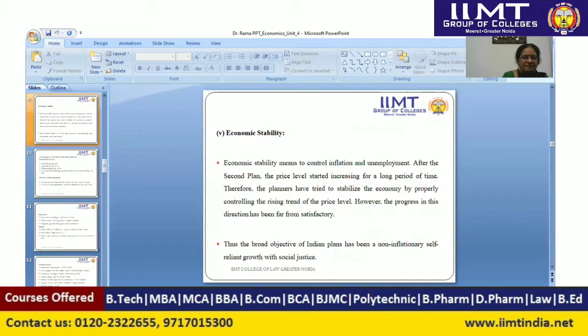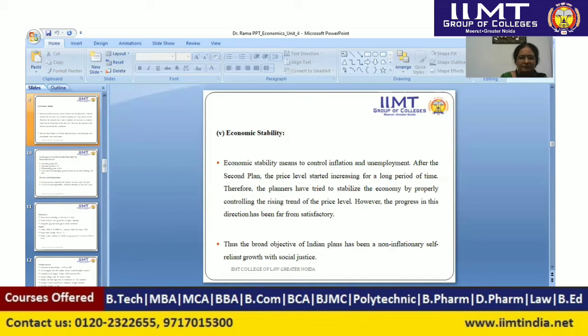Next is economic stability. Economic stability means to control inflation and unemployment. After the second plan, the price level started increasing over a long period of time, and therefore the planners have tried to stabilize the economy, controlling the rising trend of the price level.